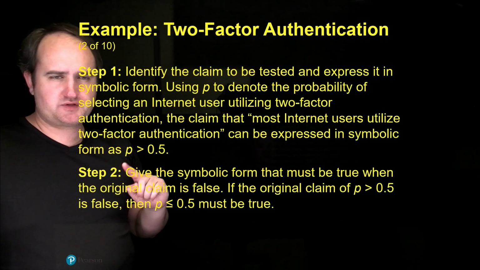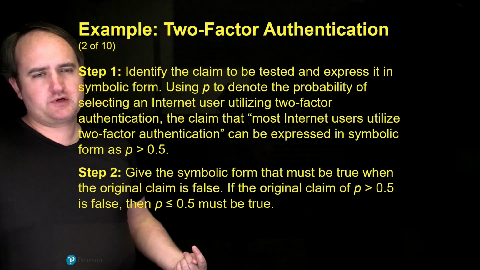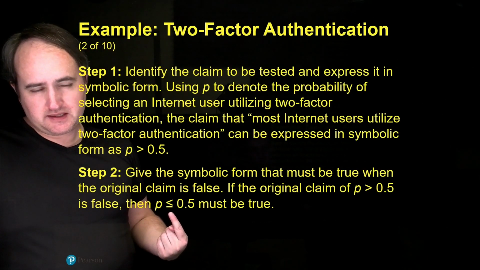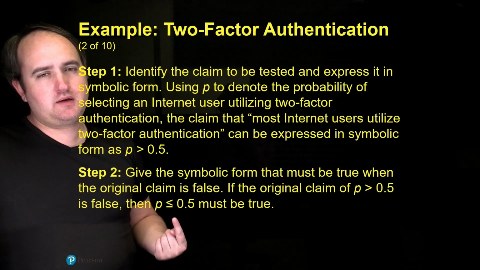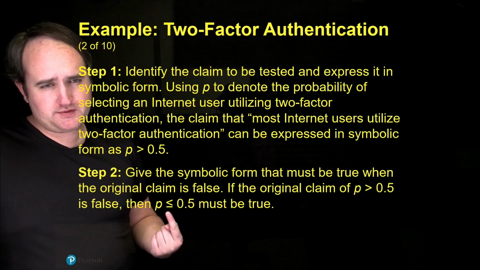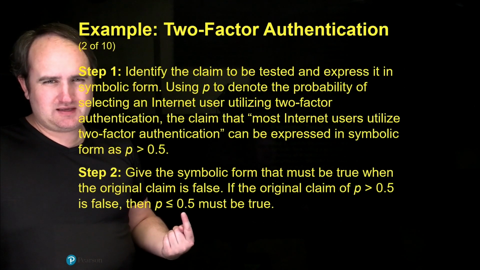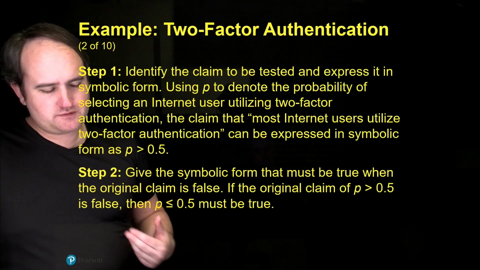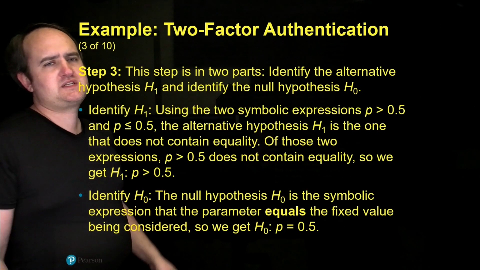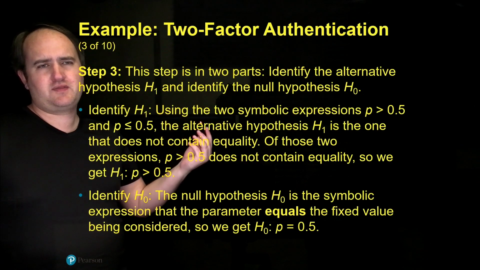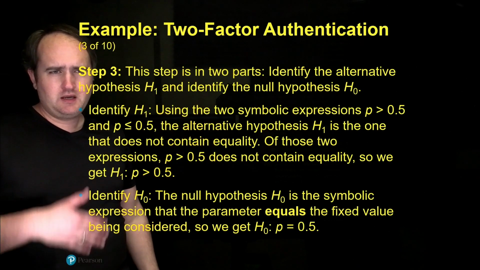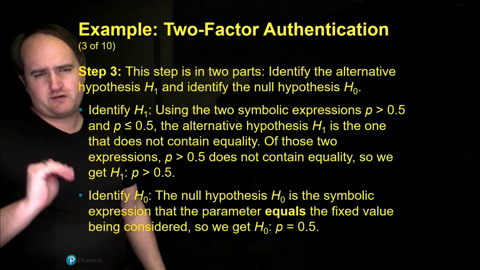So instead of P is greater than 0.5, in our book, they replace it with P is less than or equal to 0.5. However, just remember that you're always going to be writing an equals for your null hypothesis. So this step 2 that they have in the book isn't that useful in our class. Step 3 is, once again, they kind of make this seem complicated, but if you want to read through, this is straight out of our book.